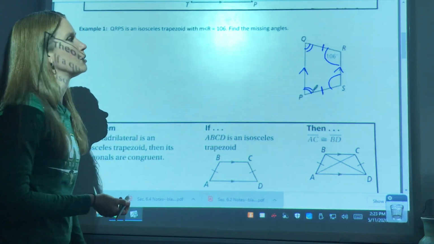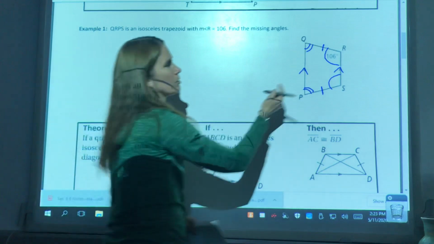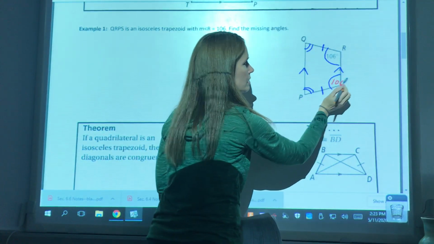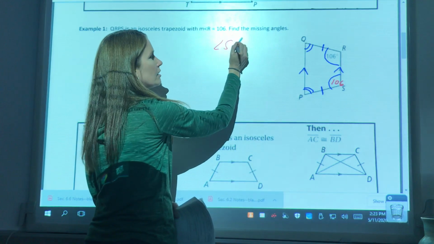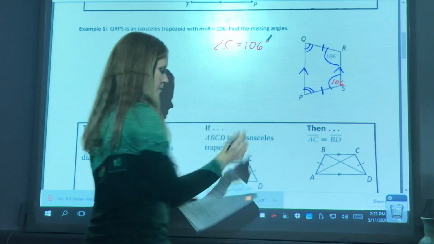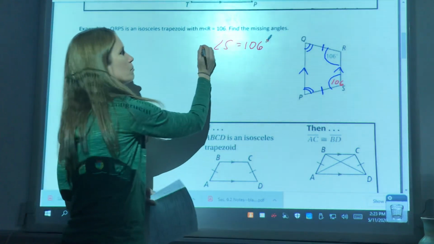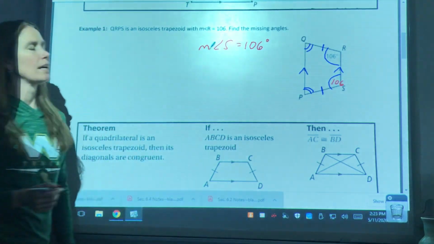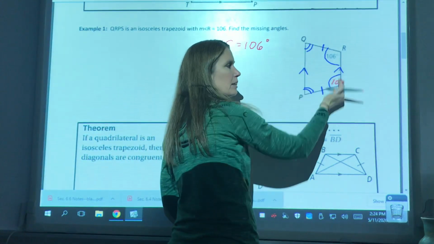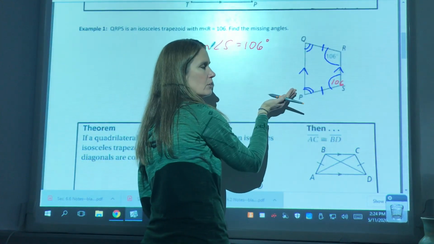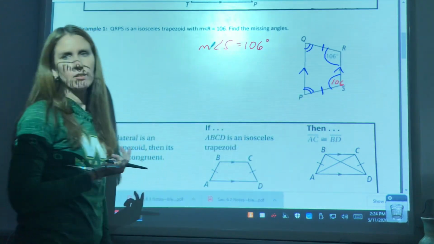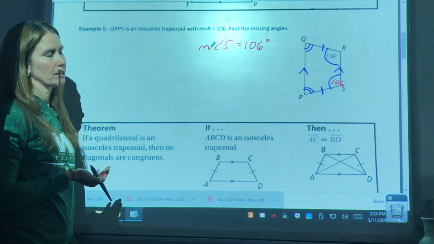Okay, so I know that if this is 106, then this has to be 106. And I'm going to write that here. Angle S has to be 106. Okay, or actually measure of angle S. All right, from there, I know that if these two lines are parallel and that is a transversal, then I know that these two angles are same side interior angles, so they must be supplementary.